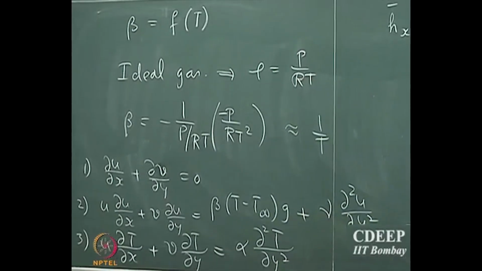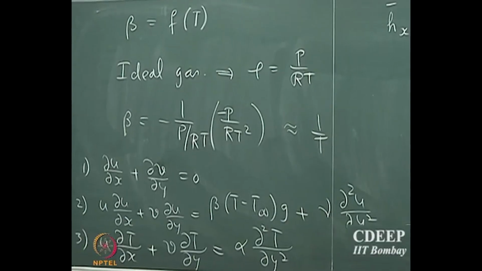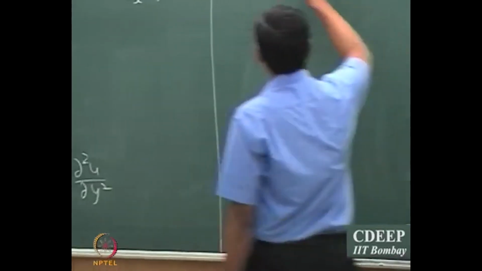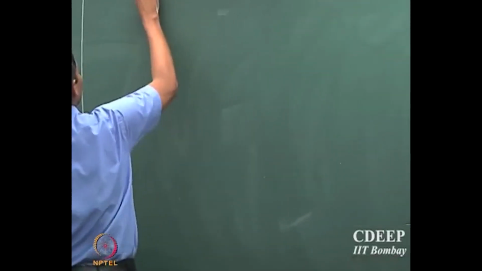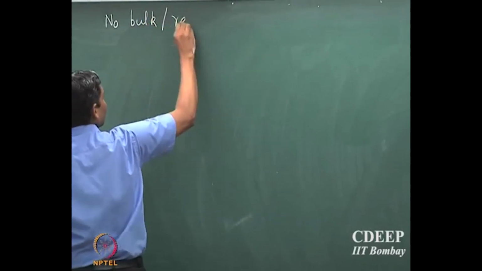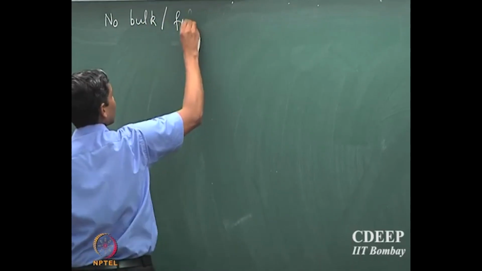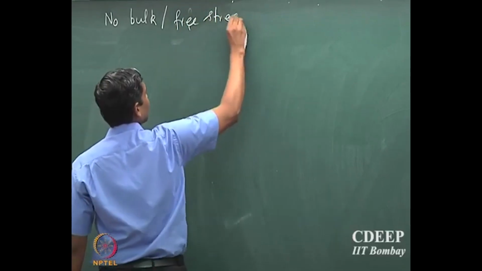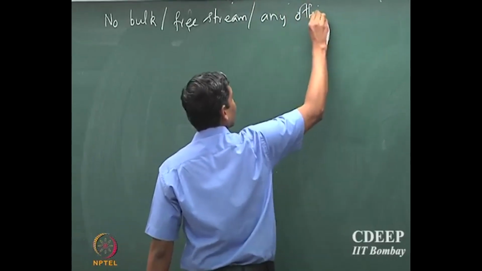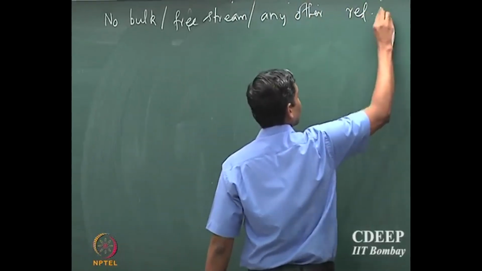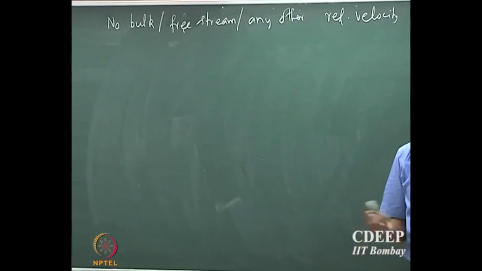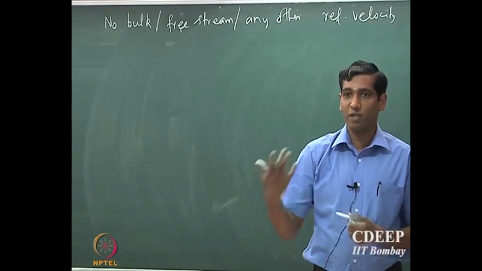So I mentioned in the last lecture that we're going to look at the reference velocities for this kind of a problem. So the first and important issue is that there is no bulk or free stream or any other reference velocity. There is no reference velocity for this problem because the fluid is actually at rest.